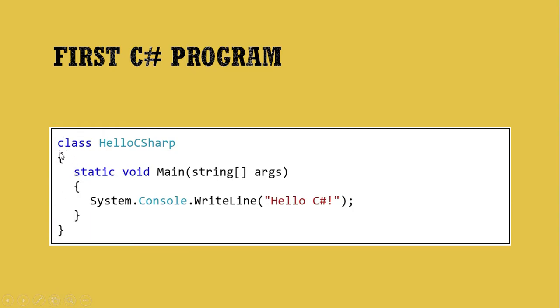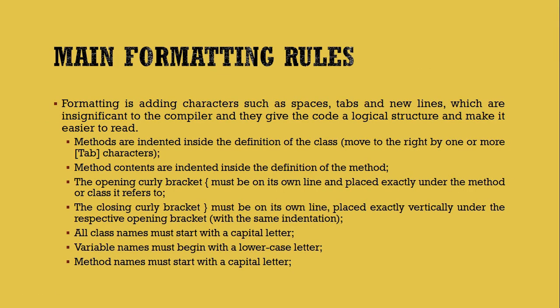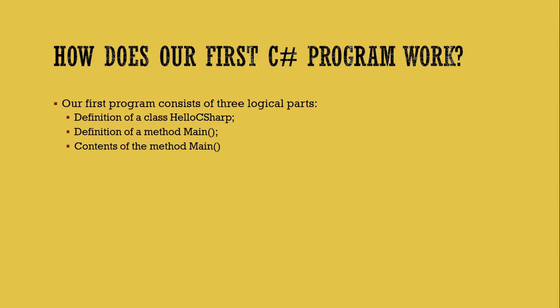Here, the definition of the class is limited by this curly brace. Inside this curly brace we have the main method definition, which is indented to the right side. The second rule is that main method contents, or in general, method contents are indented inside the definition of the method.